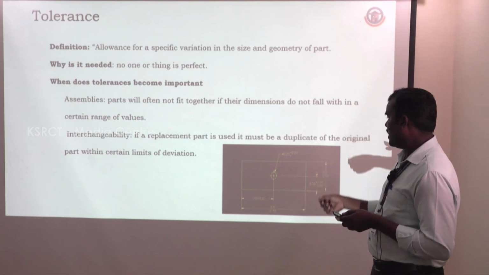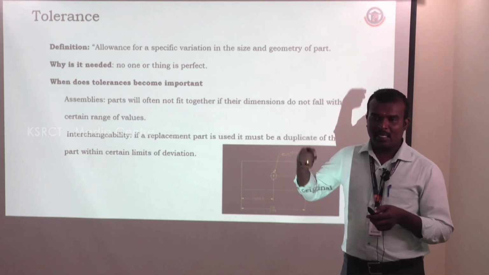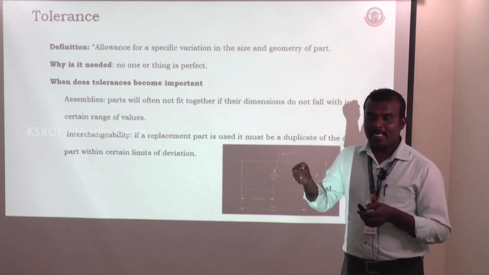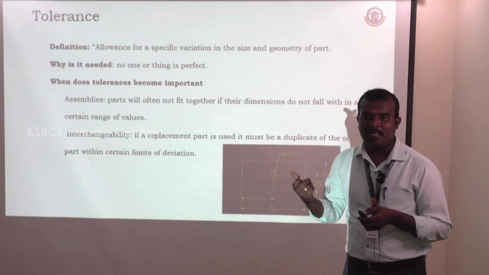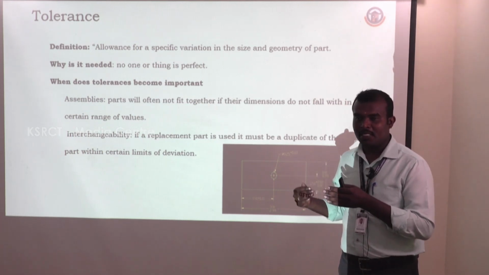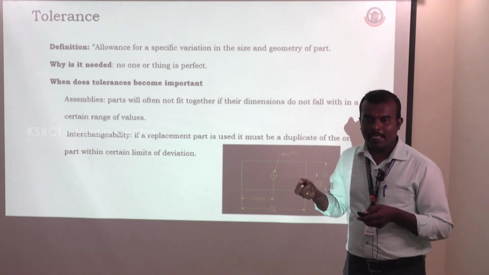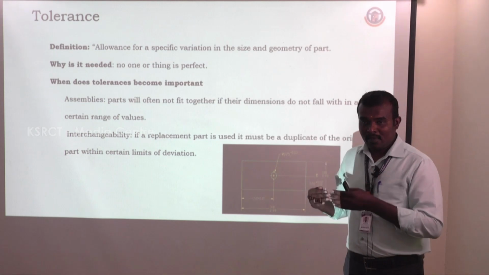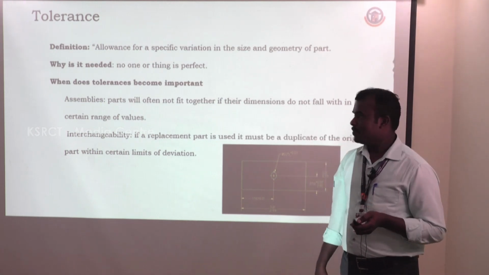For example, here I will show an example where we have to drill a component. The diameter of the drill is 7. We can't make a hole of exactly 7 diameter, so the hole may be 6.8 or 7.2. For that purpose we give some additional values, which are called the tolerance values.